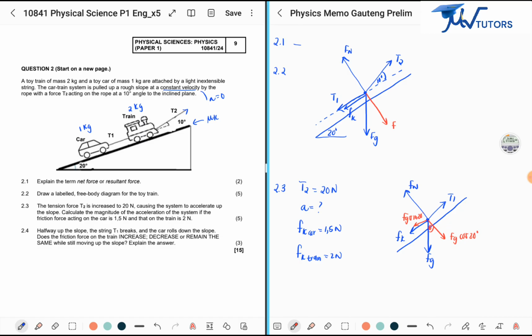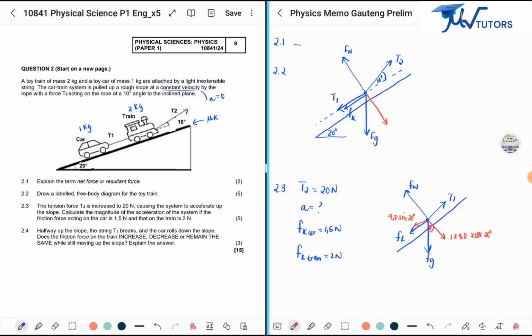Actually, instead of putting FG, let me rather put the values, because now it's 2 FGs, so which one is which? For the car, I'll have 1 times 9,8, that's the mg, times cos 20 degrees, and there I'm not going to put the 1 times, we already know that's 9,8 sine 20 degrees.